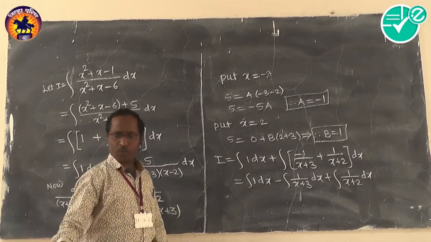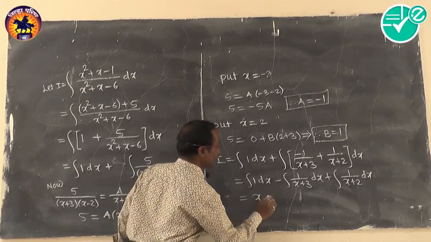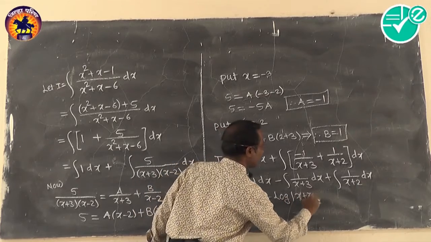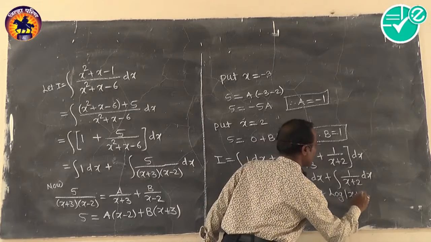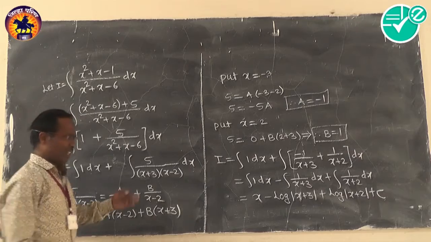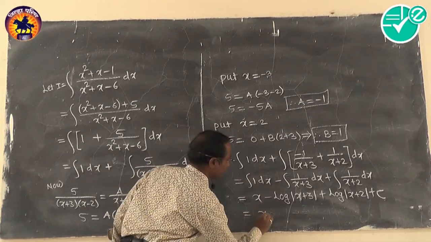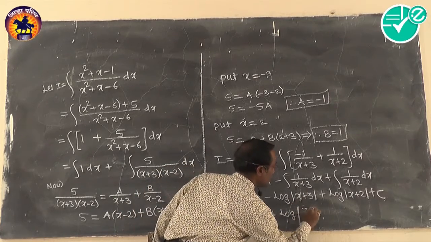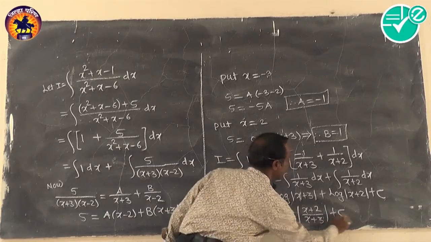So we take the integration of this function, and integral of 1 dx is x minus log of x plus 3 plus log of x plus 2 plus c. This is the answer, and this can also be written as x plus log of x plus 2 divided by x plus 3 plus c.